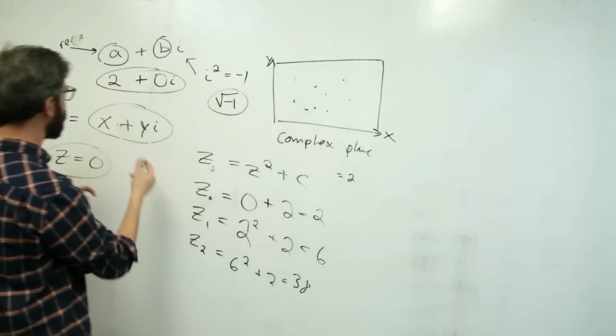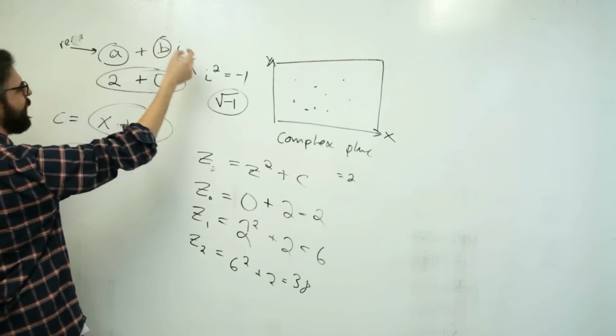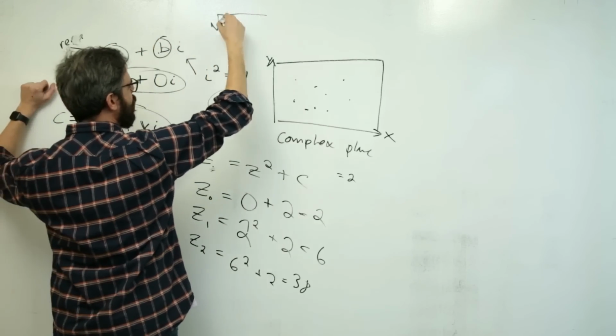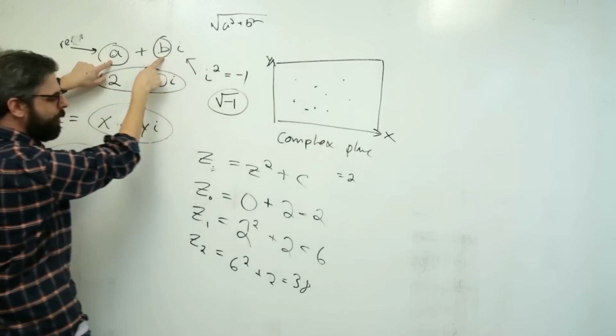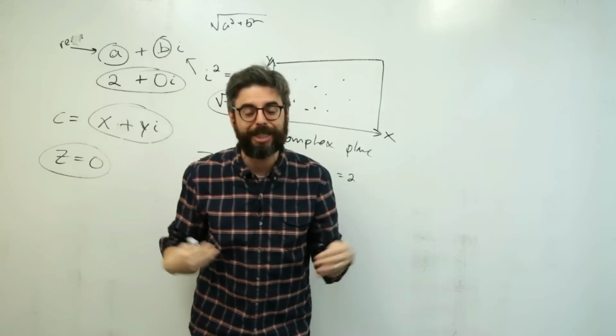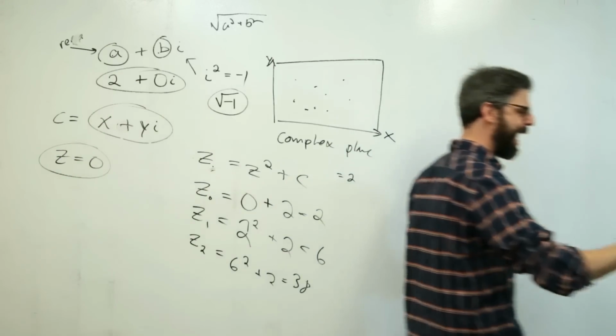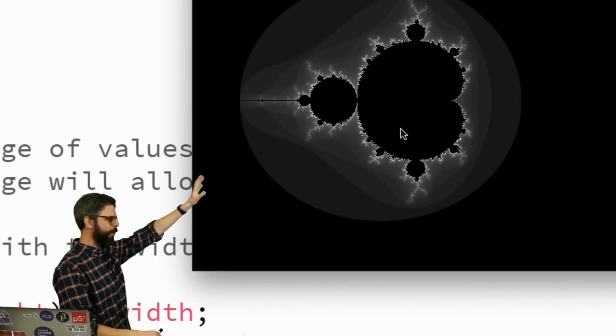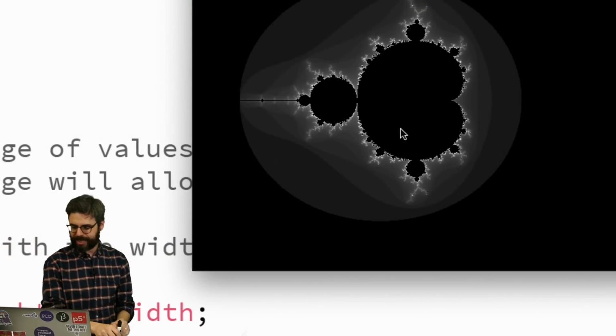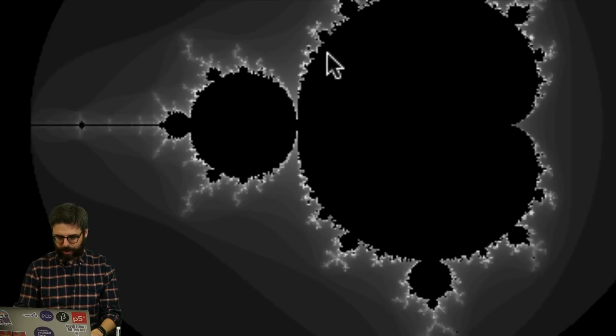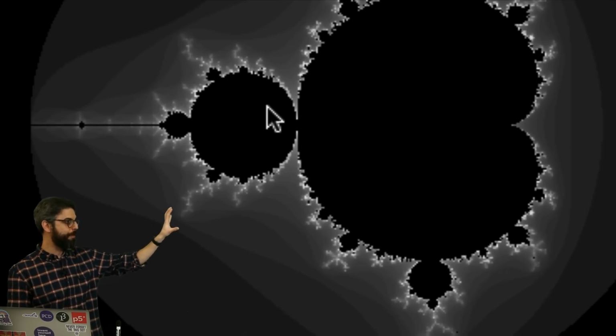You can also think of this as a vector, a plus b. If we took the square root of a squared plus b squared, the magnitude of this vector, if that magnitude is greater than 2, it is not a member of the Mandelbrot set. When we look at all those complex numbers within a range, you can see all of these black pixels right in here are members of the Mandelbrot set.